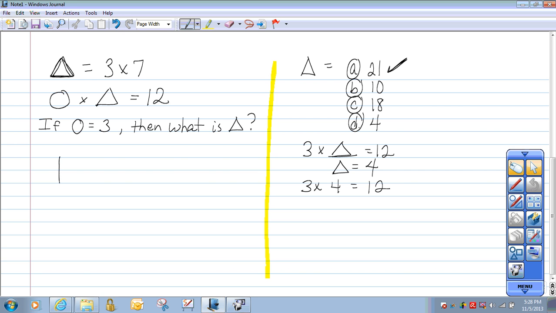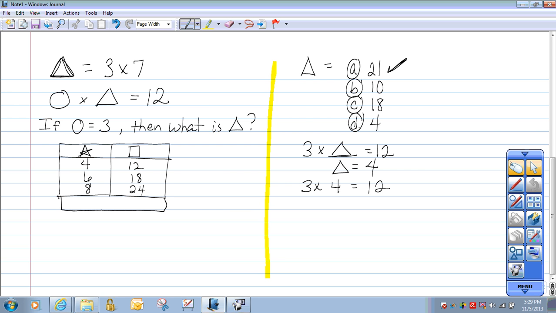Sometimes you're going to actually have a table with patterns and relationships. So let's say we have a star symbol and a square symbol. And I have a 4 and a 12, a 6 and an 18, an 8 and a 24.